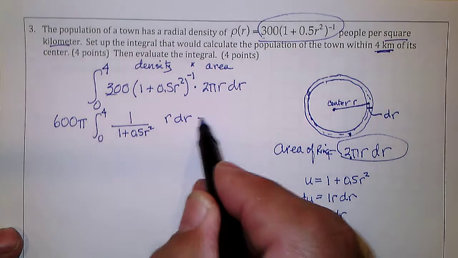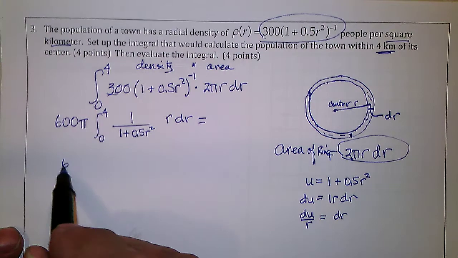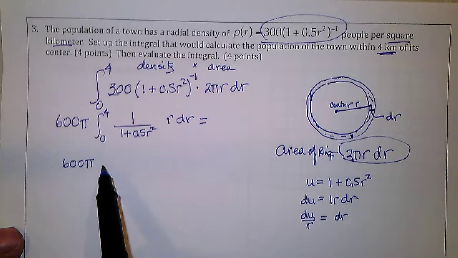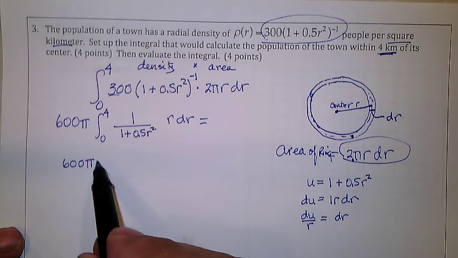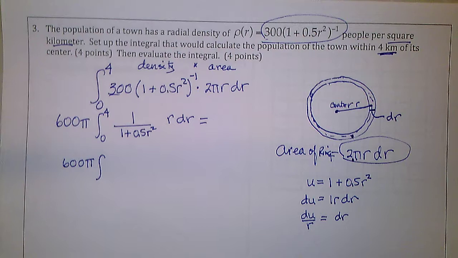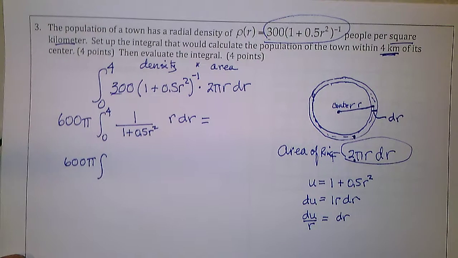So this integral becomes 600 pi. I'm changing my variable to u, so my limits would either change or I have to change back in terms of r.